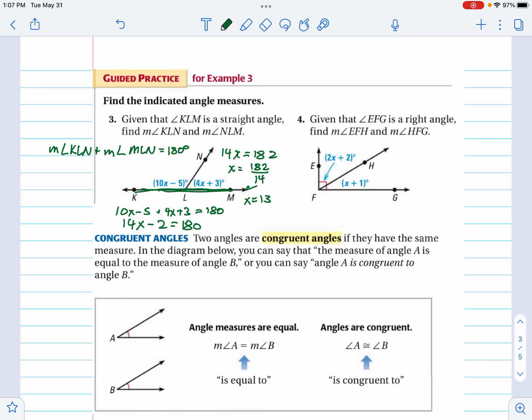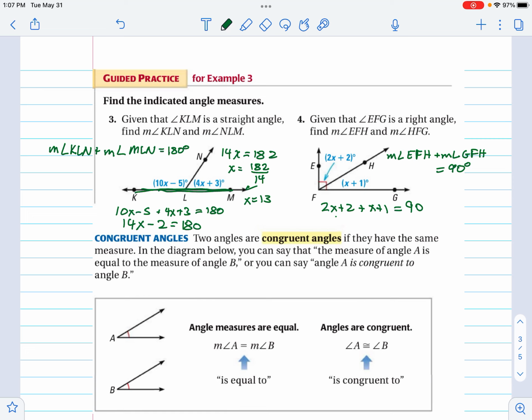Now, we would do the same thing for this next problem, except now we don't have a vertical angle. We have that 2x plus 2 plus x plus 1 equals 90, right? Because we have the measure of angle EFH plus the measure of GFH equals 90.